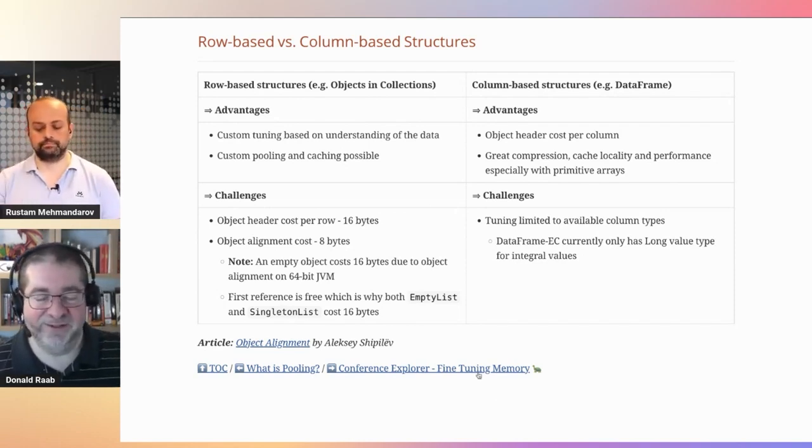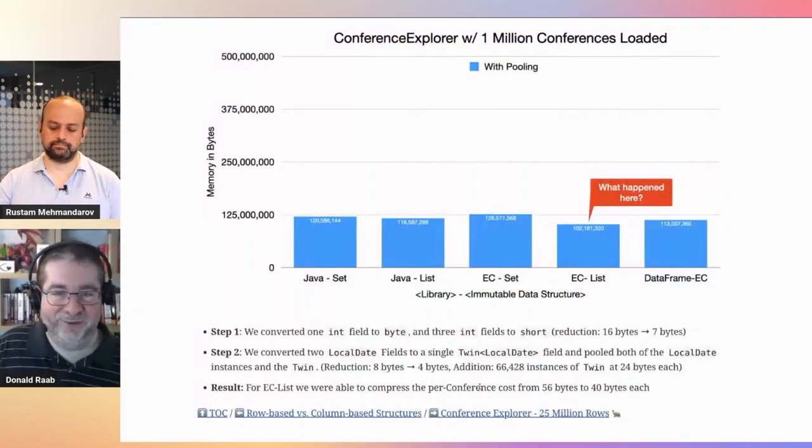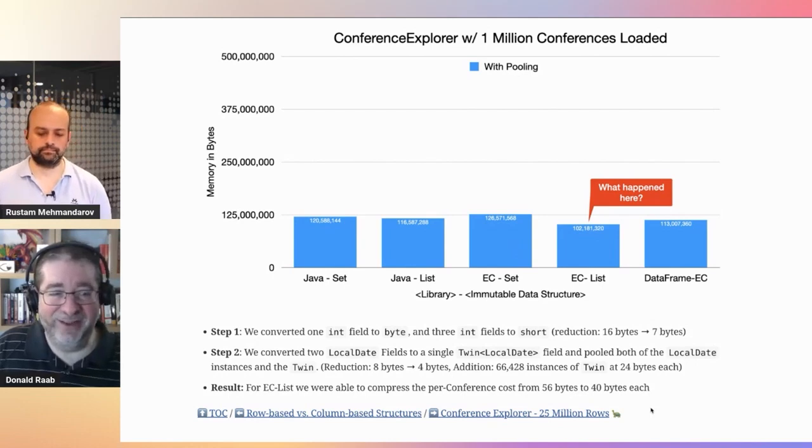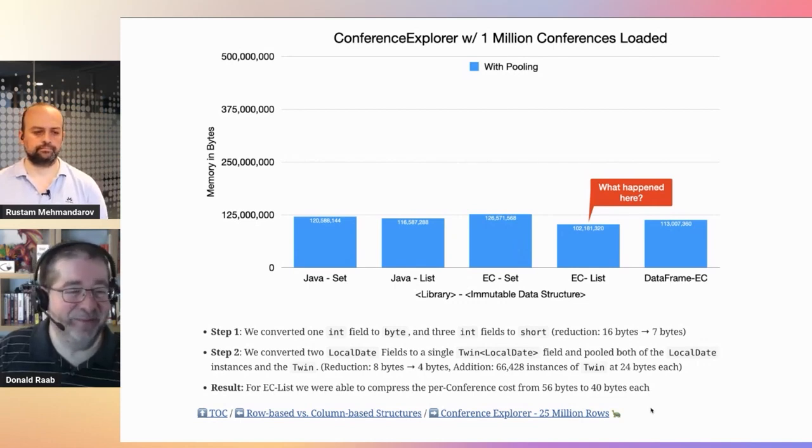But let's go look at fine-tuning memory in Conference Explorer and what we did. So through some just manual work, what can I do to squeeze memory here? You can see we only did it for the one column. We could have done it for all of the first 4, because this was really making changes in the conference record, changing the types. What we did was we took what were 4 int fields initially, and we made one of the int fields a byte, because the number of tracks is always typically going to be less than 10, right?